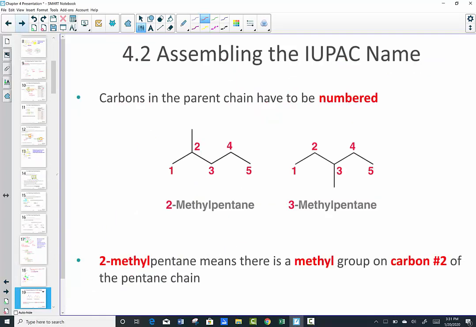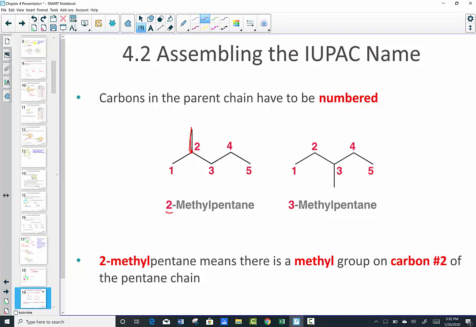So let's begin assembling the IUPAC name. The carbons that are in the parent chain are going to be numbered. And the way that we number them is to ensure that the lowest number possible is given to the branches. So for instance, I have a 2-methyl pentane, where at carbon 2, I have a methyl group branching off, 2-methyl pentane.